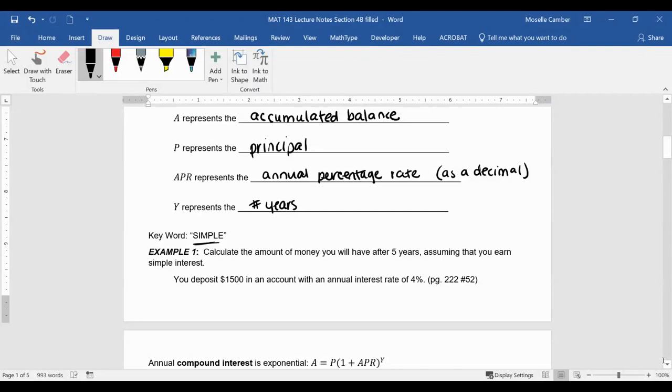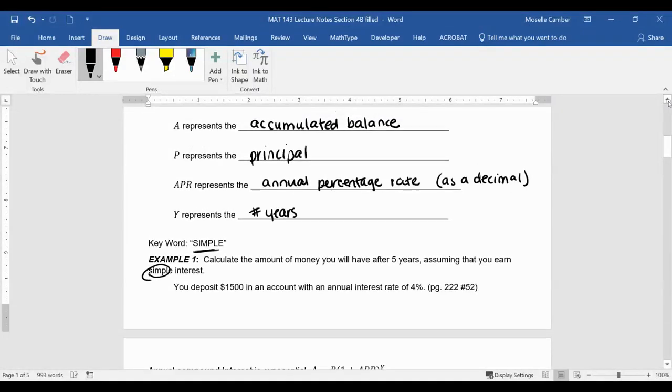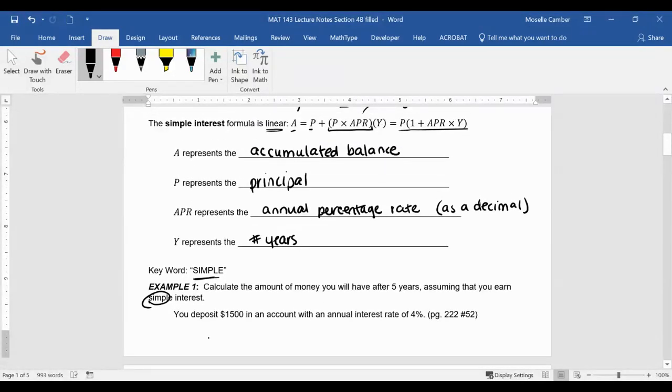So let's say we want to calculate the amount of money you'll have after 5 years, assuming that you earn simple interest. So here we see the word simple, so we know we're going to use that linear model. So you're going to deposit $1,500 in an account with an annual interest rate of 4%. So if we're going to use our linear skills, we need our beginning and we need our slope.